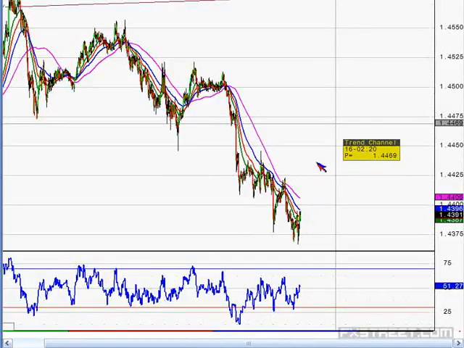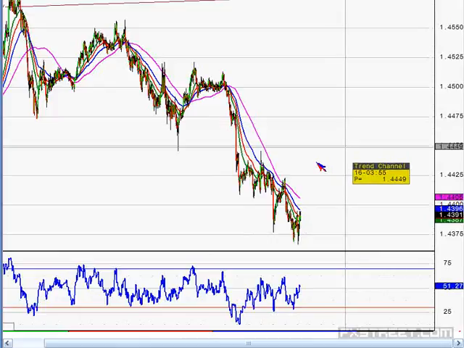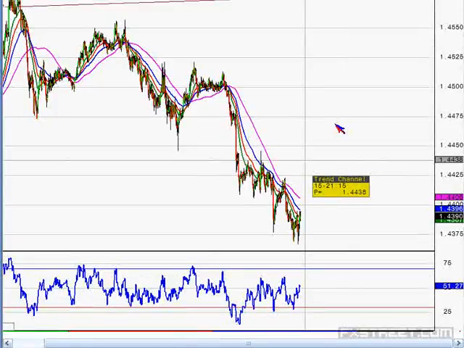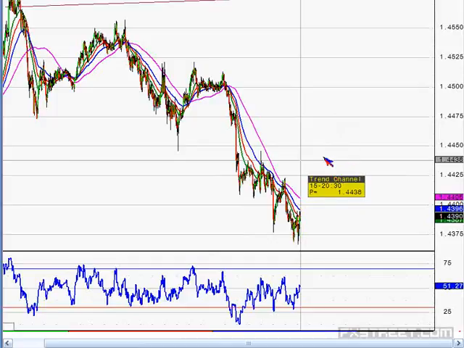So if you want to short, you look for a shorting opportunity when the price moves towards 144.45 or 144.65, that's the level I would be looking at.